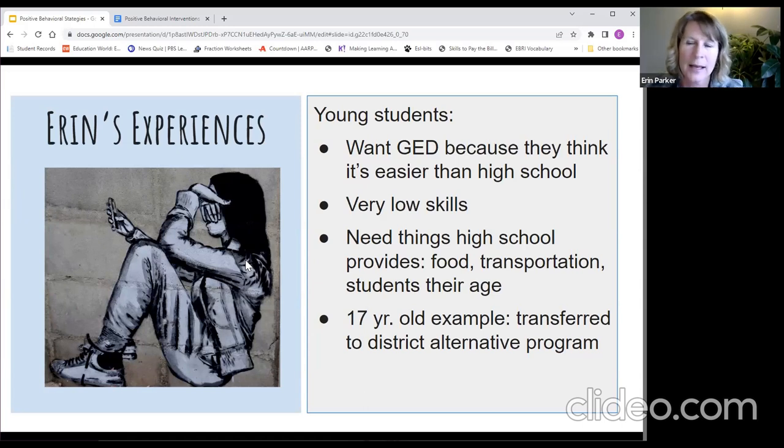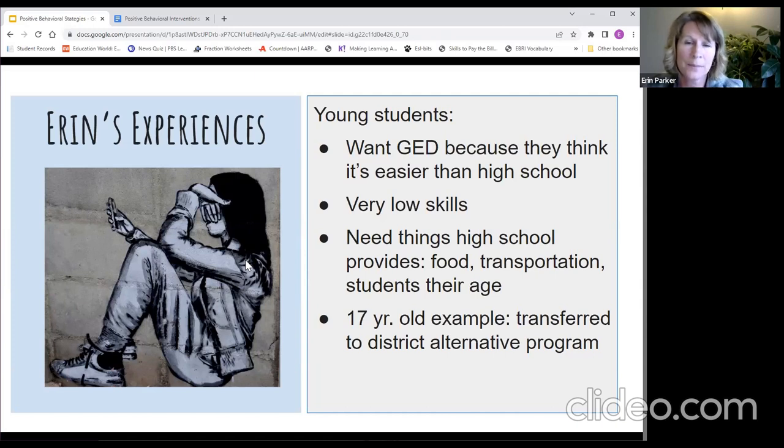And I feel like we've always had a little bit of that, but COVID has increased that. The problem is they have very low skills. So I feel like they are coming in with that idea, but they don't have the skills for that because a few of them have missed out on school for the last few years with COVID and other things.